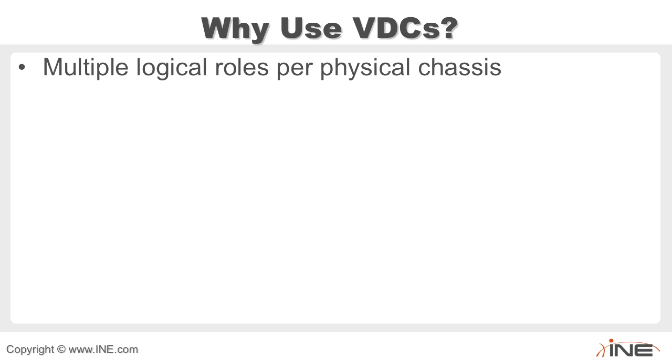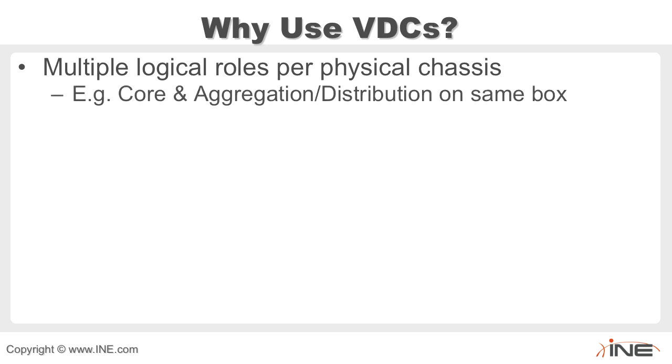One of the things is I might have logical roles per physical chassis. For instance, I might want to distribute out the very expensive resources of the hardware chassis itself, the multiple redundant supervisors.